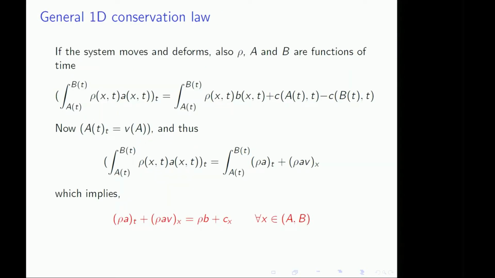Actual systems move around. So if the system moves and deforms, it means that the density can move and can change. A and B are functions of time, so they also move around. So we get the law in a more complicated form because we have to express the time dependencies and space dependencies of all variables. Now, if you look at this, we have to differentiate inside the integral, but we also have to differentiate on the endpoints of the integral.